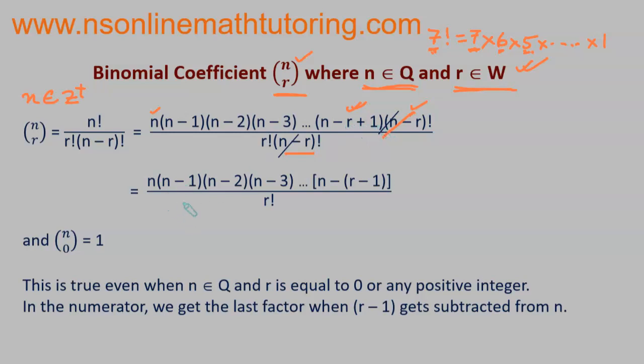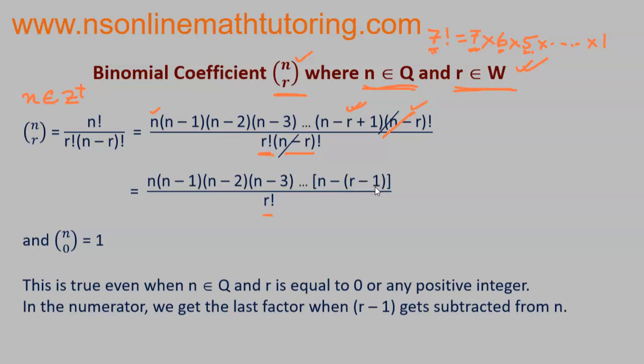And now coming to the next step, in the denominator we have only this r factorial, and in the numerator it is starting with n, n minus 1, n minus 2, continuing, and this n minus r plus 1 can be written as n minus, and within parenthesis we have r minus 1.